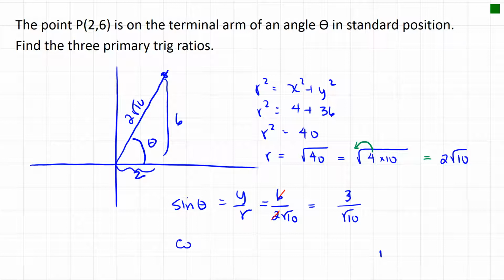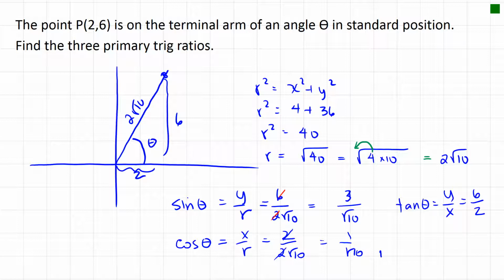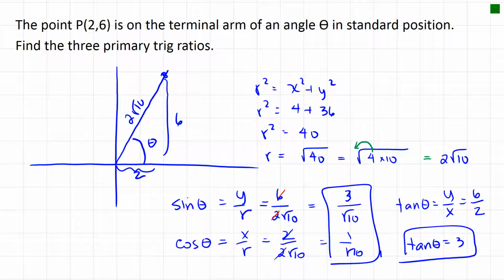Now, second trig function, the cosine of theta is x over r, which is 2 over 2 root 10. Cancel these, and I get 1 over root 10. And finally, the last one, which is the tan of theta, is y over x, and y over x is 6 over 2, which equals 3. So my 3 trig ratios.